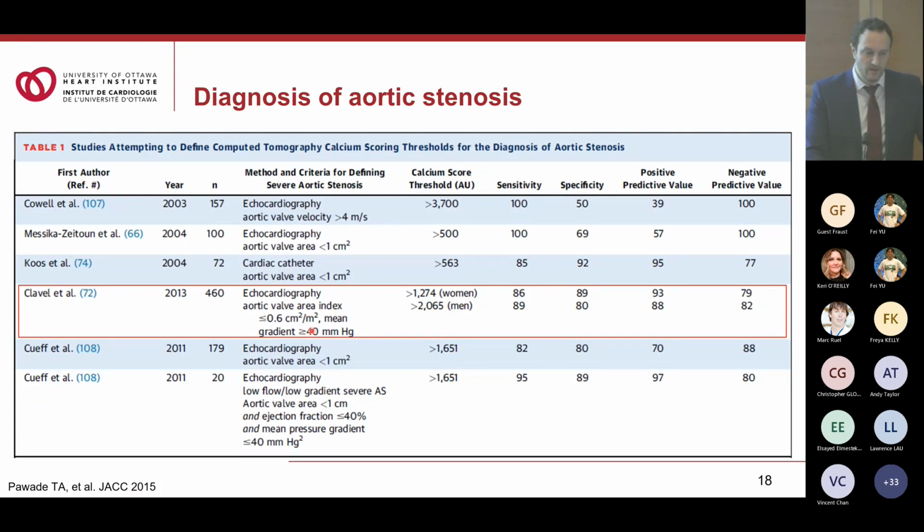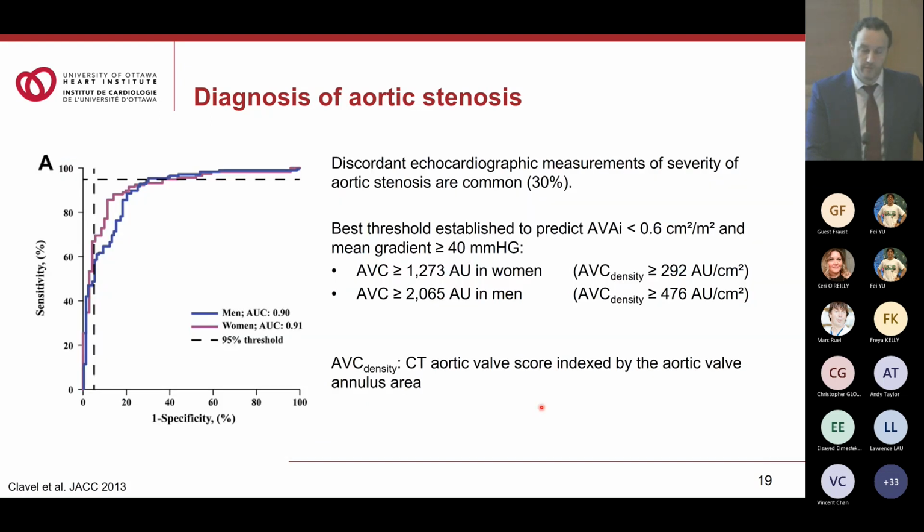They looked at the predictive value of aortic valve calcification to detect an indexed valve area of 0.6 in particular, or a mean gradient over 40. And they established these thresholds that offered the most optimal diagnostic performance.